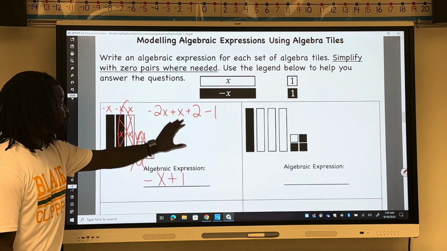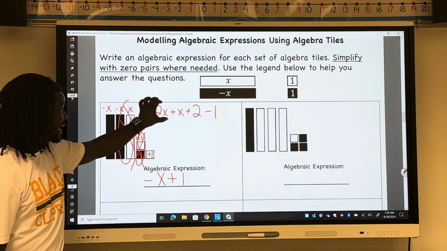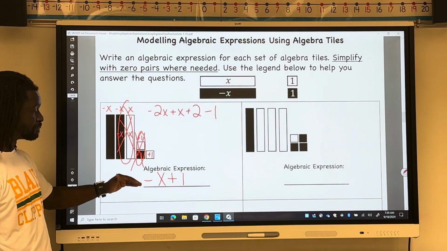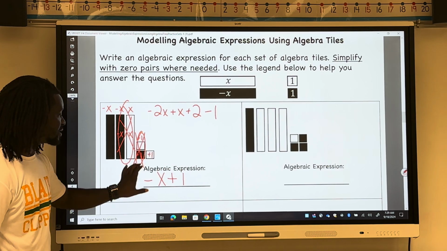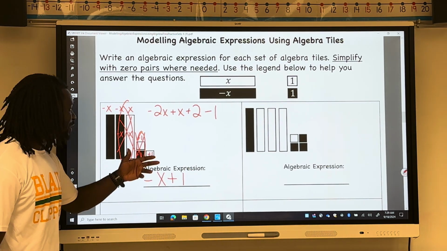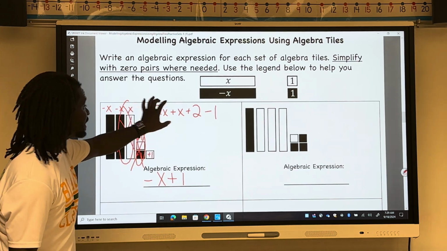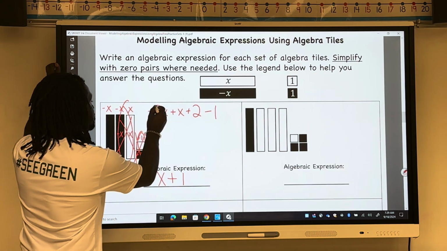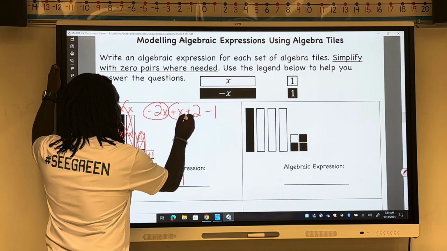And so really, this is technically right, but it's not simplified. In other words, this is the simplified expression for this model, okay? And so real quick, just to show you, if you did write this, what you would then need to do is combine the like terms.